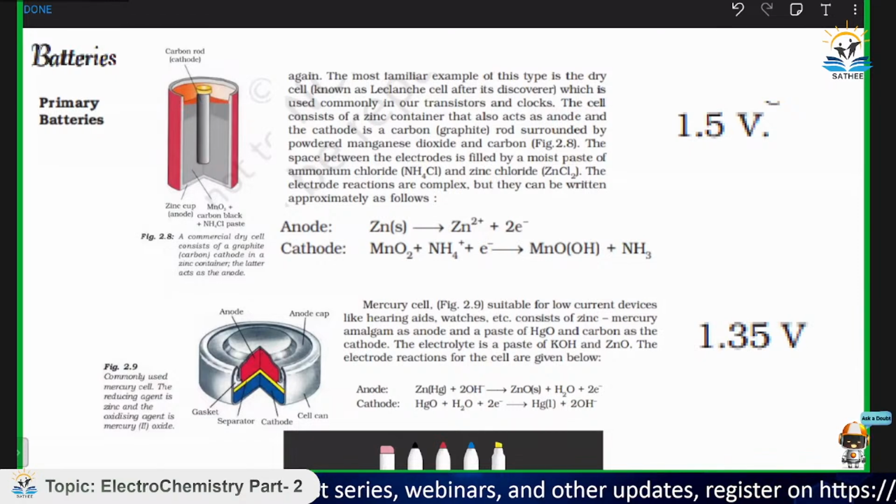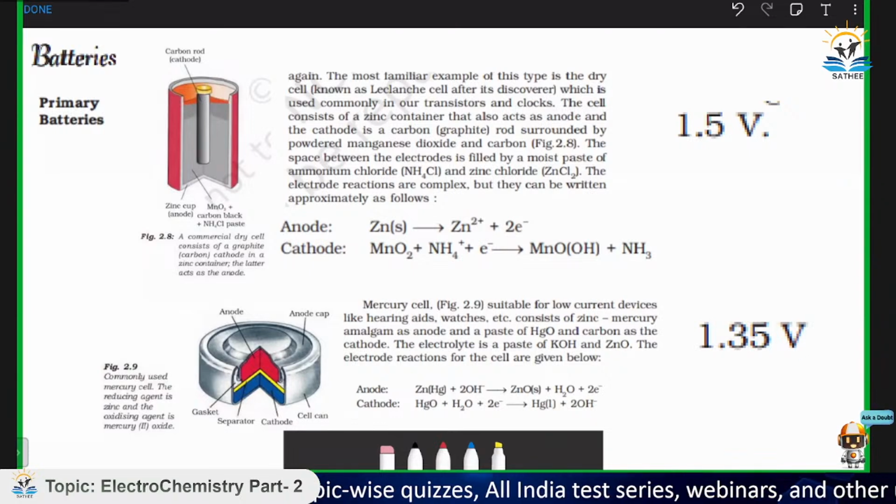For example, your normal Nipo battery and your normal watch cells. Nipo battery పేరు Leclanché cell. చిన్న watch cells పేరు mercury cell. The descriptions are there. Most familiar example type is Leclanché cell.